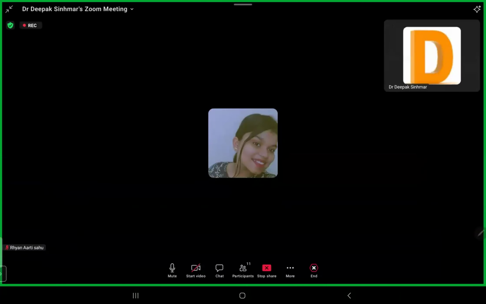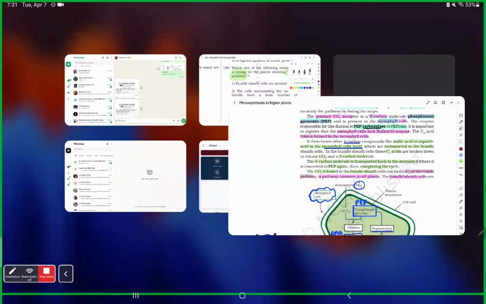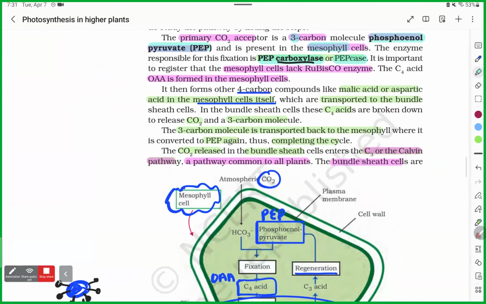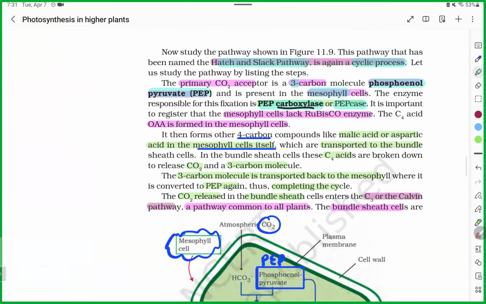So when you read C4 plants, compare with C3. The enzyme responsible for this fixation is PEP carboxylase in C4 plants; in C3 plants, Rubisco.